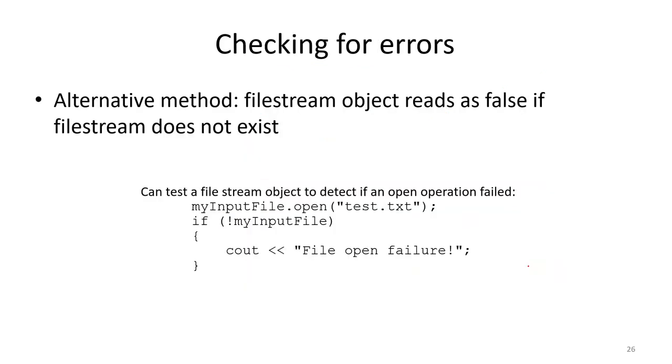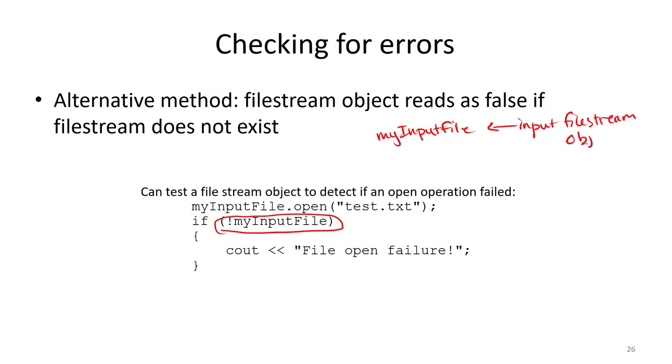Here's another way to check whether the file stream object has successfully been created. You can also use the not operator: if not my input file, where my input file is my input file stream object.